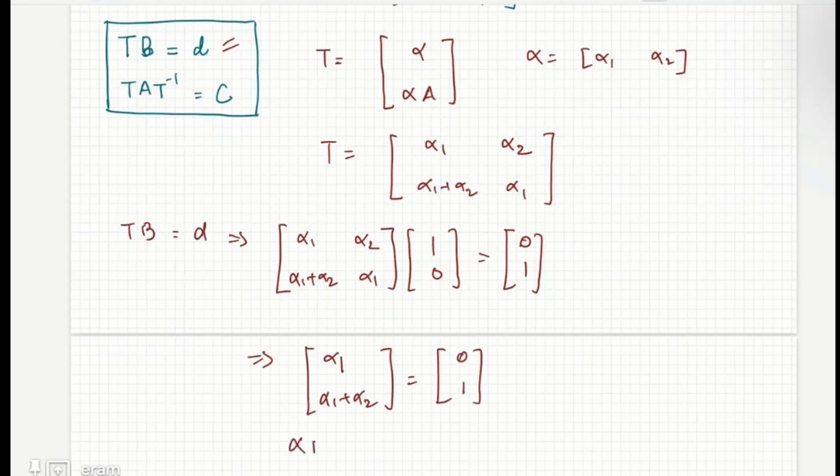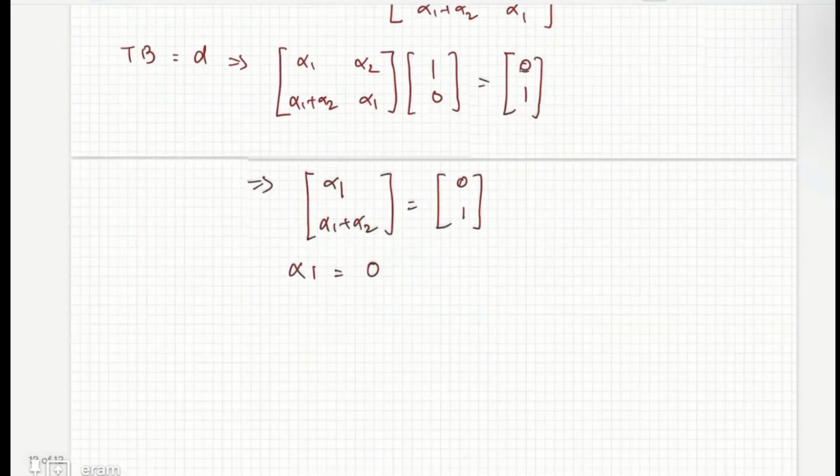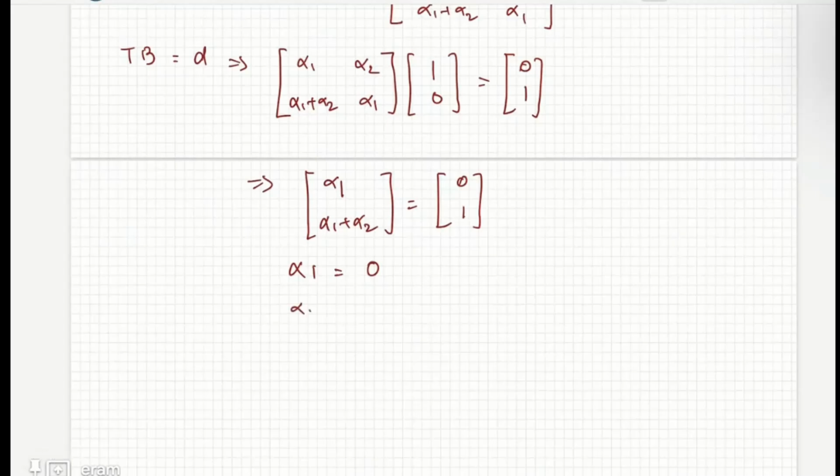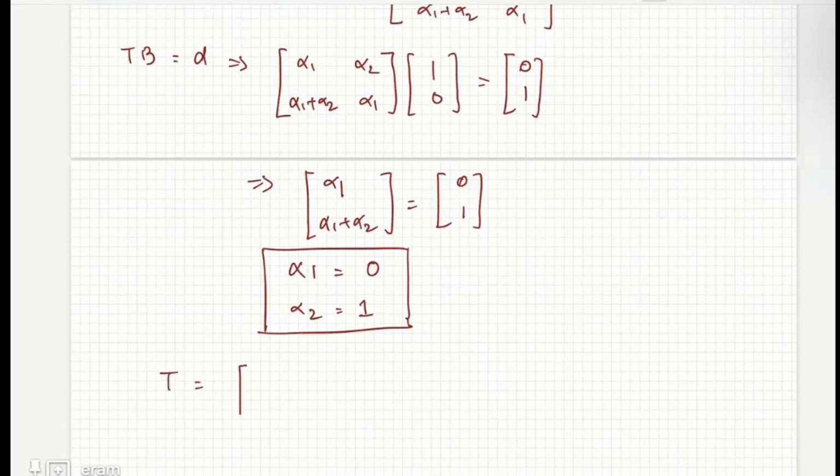That means alpha 1 is 0 and alpha 2 is 1. Now since we have the alphas, we can write T as [0 1; 1 0]. So this is our transformation matrix T.